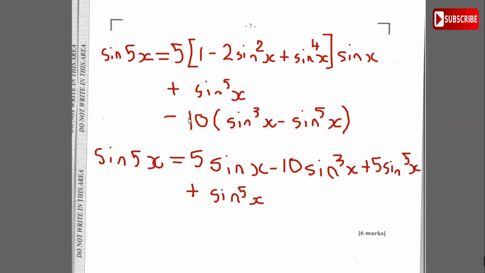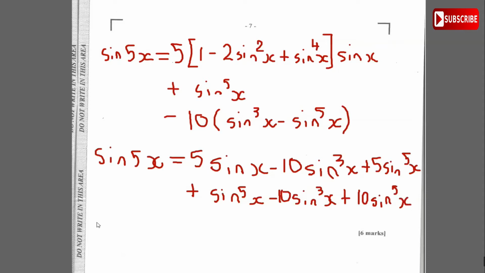Then you have minus 10 times this, which becomes minus 10 sine cube x. Then we have minus 10 times minus sine to the 5th, that's just plus 10 sine to the 5th of x.